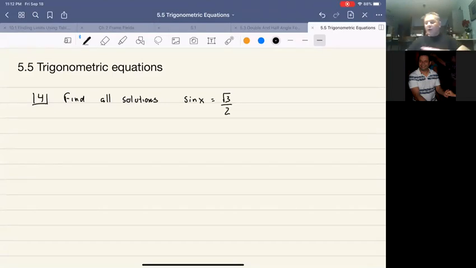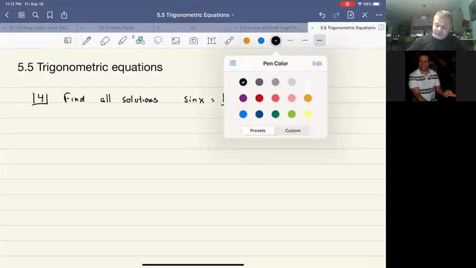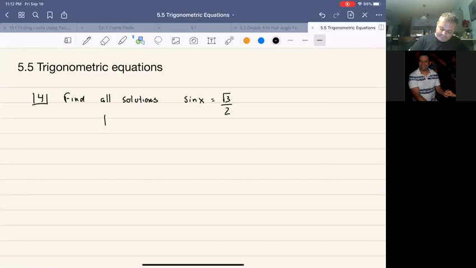Okay, all solutions. So we can think of this in terms of the unit circle if you like. Root 3 over 2, I like to think of that as the higher angle here.